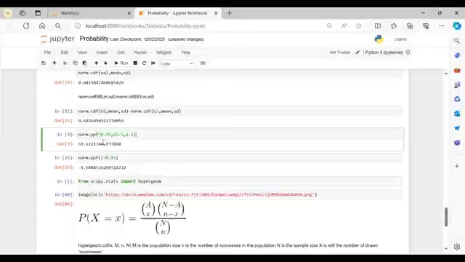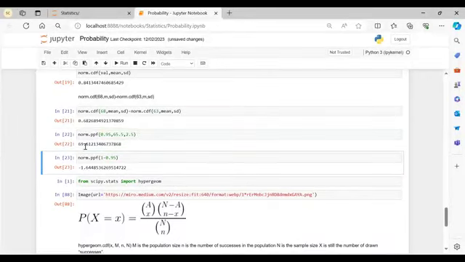So here, if you see at 0.95, I'm getting 69. So that means 95% chance is that the values will be either 69 or less than 69.